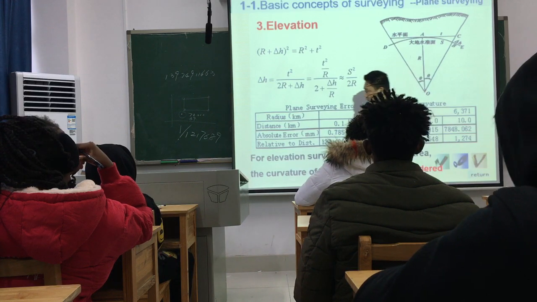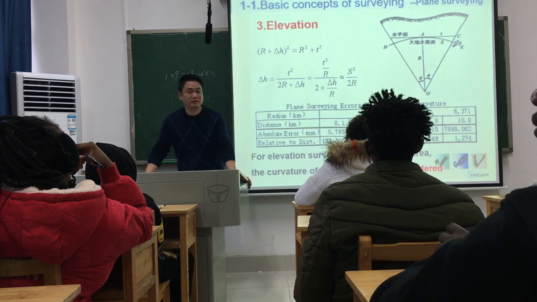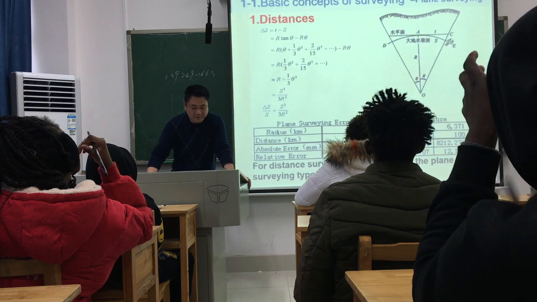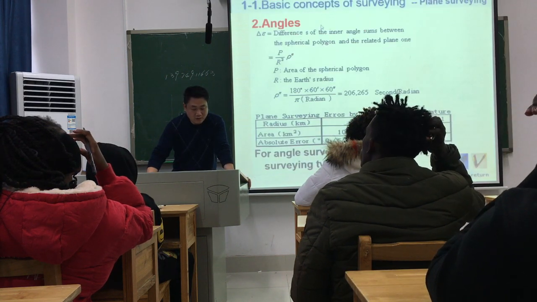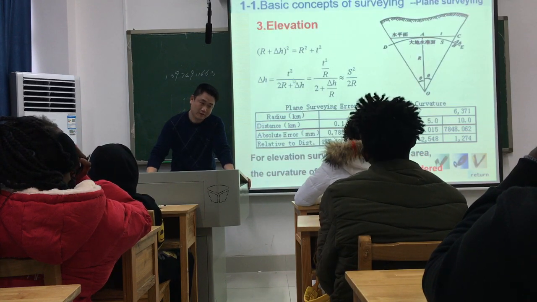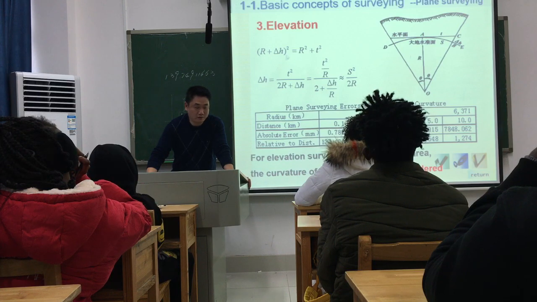The instrument will do that work. Okay, this is the three elements: one is distance, one is angles, and one is elevation. This formula we can forget, we can ignore it.